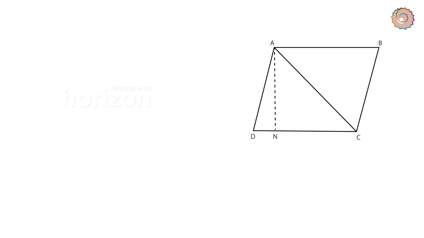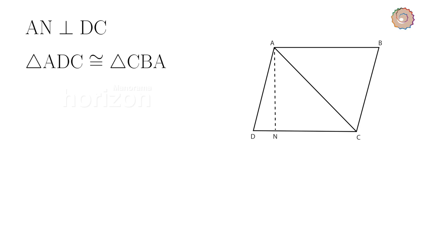Consider a parallelogram ABCD whose one of the diagonals is AC. Also, let AN be the perpendicular to DC. From the figure, we see that triangle ADC is congruent to triangle CBA because a diagonal of a parallelogram divides it into two congruent triangles. Since they are congruent, the area of ADC is equal to the area of CBA.